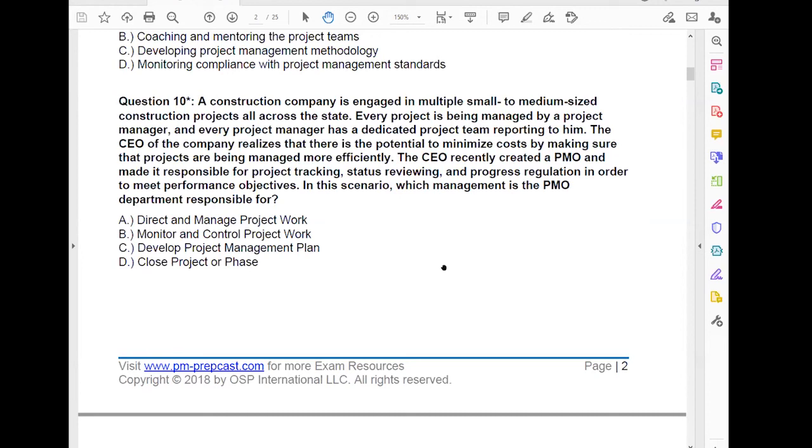The CEO recently created a PMO and made it responsible for project tracking, status reviewing, and progress regulation in order to meet performance objectives. In this scenario, which management is the PMO department responsible for? A, direct and manage project work. B, monitor and control project work. C, develop project management plan. Or D, close project or phase. This is a long question.